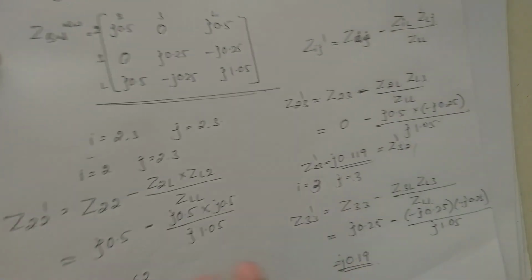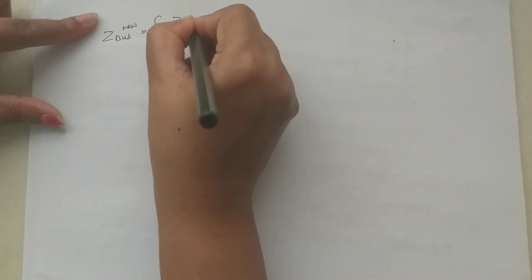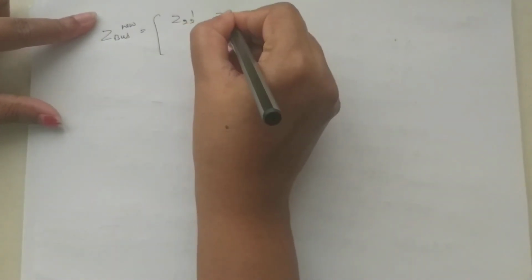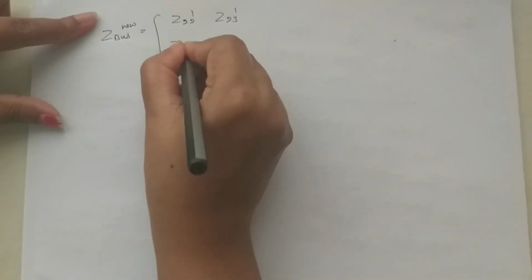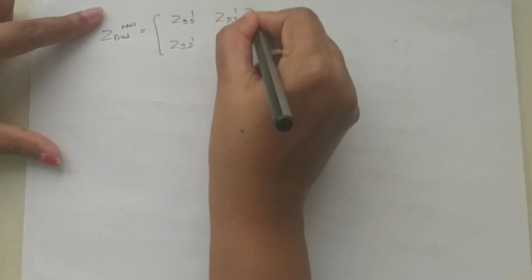Therefore, Z bus new is equal to Z22 dash, Z23 dash, Z32 dash, Z33 dash.